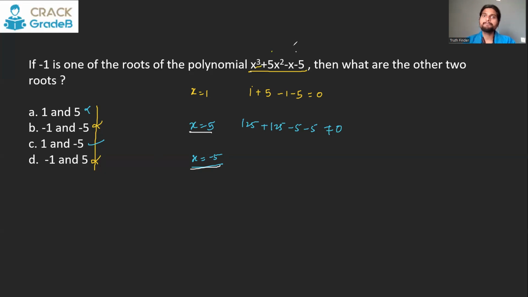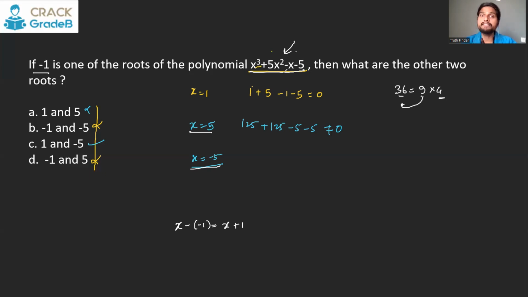As we discussed earlier, if this is the expression and -1 is one of the roots, then x minus -1, that is x plus 1, should be a factor of this. As we discussed, 36 has factors 9 and 4. There are multiple factors of 36; we are just taking an example. When you divide 36 by 9, we get 4.